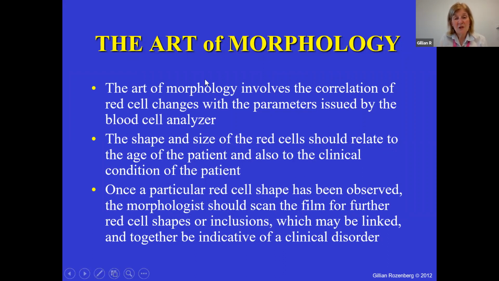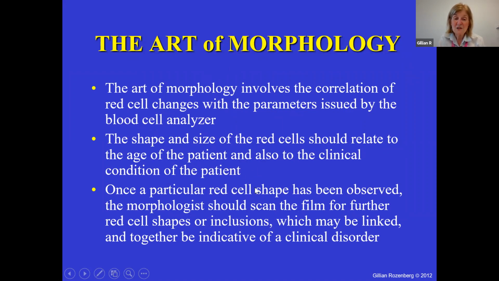So the art of morphology involves the correlation of red cell changes with the parameters issued by the blood cell analyzer. The shape and size of the red cells should relate to the age of the patient and also to the clinical condition of the patient.